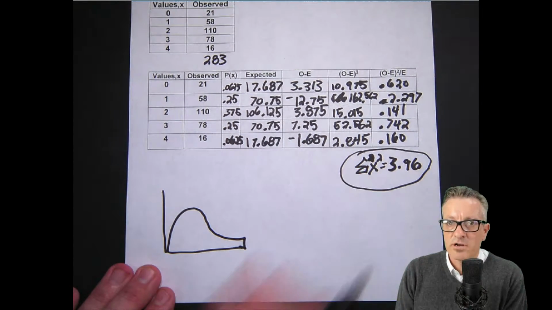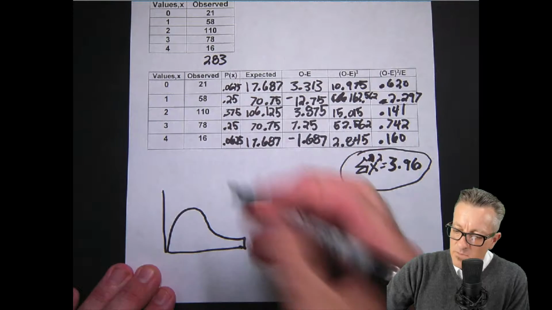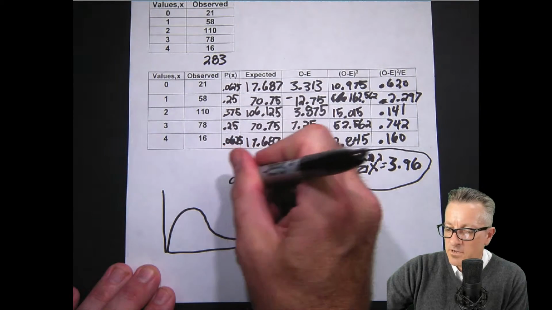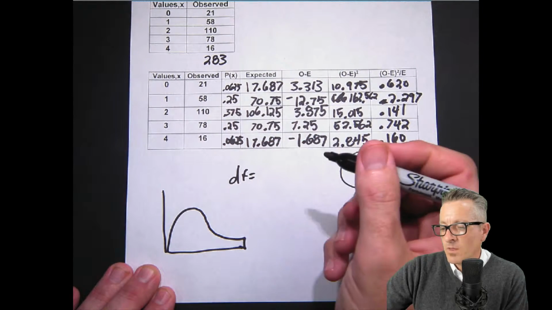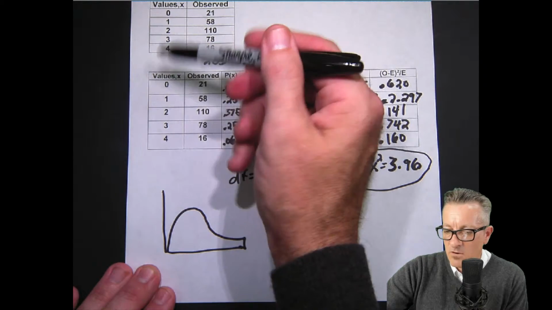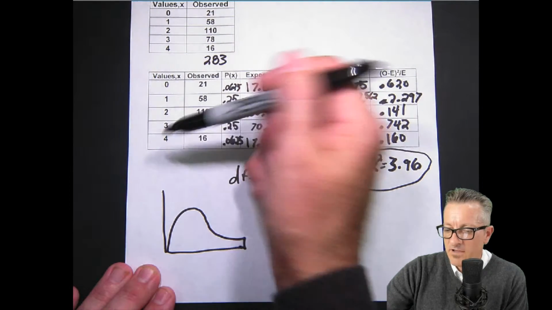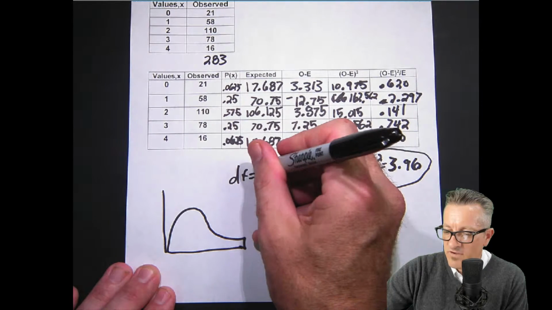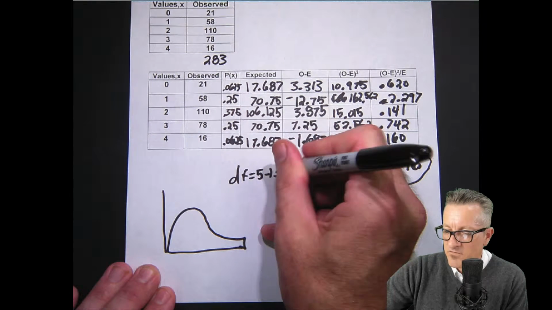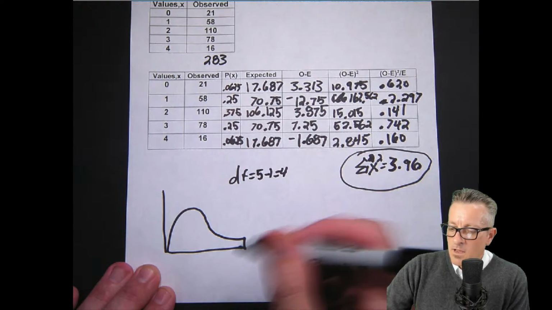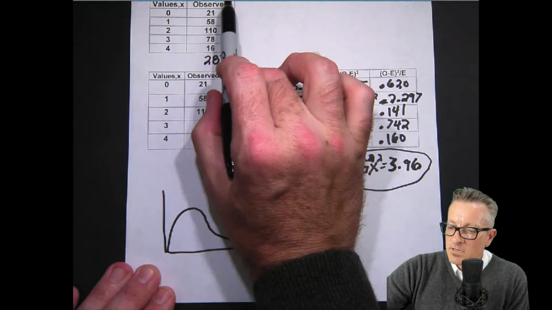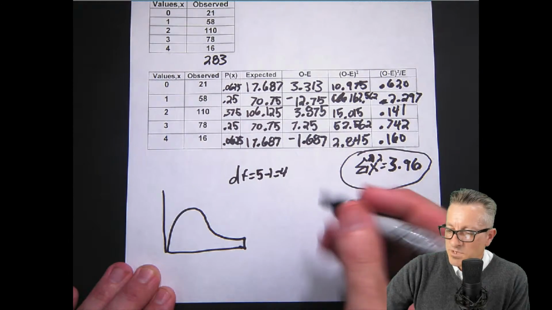Okay, now we need to find the critical value, and the critical value is based on degrees of freedom. The degrees of freedom are always the number of categories, 1, 2, 3, 4, 5, minus 1. So that would be 5 minus 1 equals 4. And then it's based on our significance level, which is 0.05.